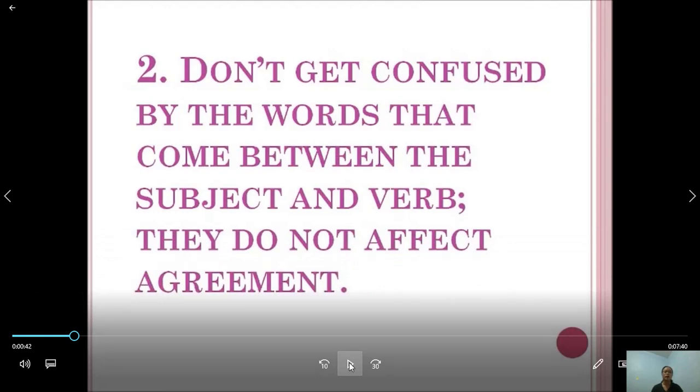They do not affect agreement. Please remember, in subject-verb agreement, you need to identify the subject, whether it is a singular or a plural form.